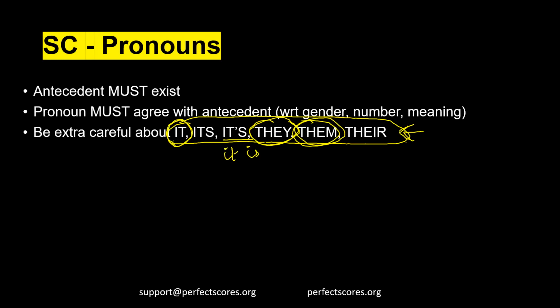So the first thing that you need to check whenever you get these pronouns is whether you have an antecedent for each one of them or not. And the second thing, whether that particular antecedent is agreeing with them or not. So very important. And remember the difference between its and it's. So its is the pronoun form.